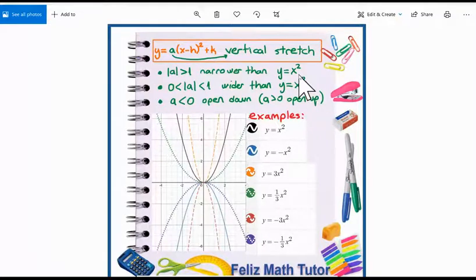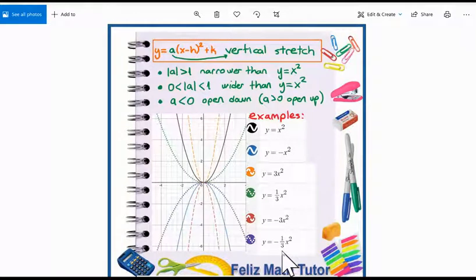But since it is negative, it will open down, here in the third option. So my function here is narrower than the original function, yes, narrower than the black one, and it opens down.